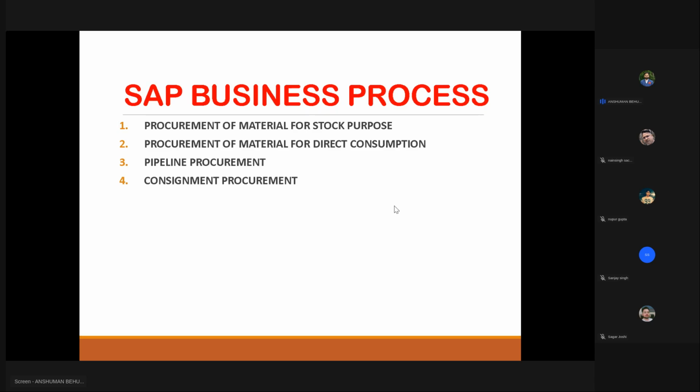But in the consignment process, normally you will create a contract and you will also create a purchase order. Let's say for the coming 6 months, the total quantity of material needed, for that you have to create a purchase order and send it to the supplier, and the supplier will send that material to you, and then you can consume it from there. Because this is a material, right?